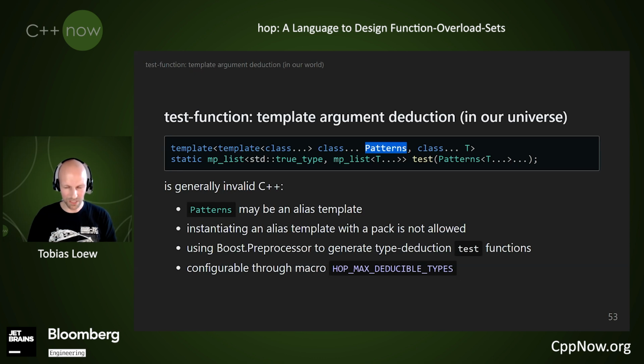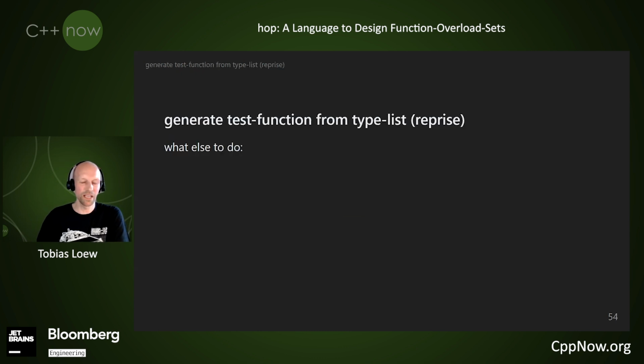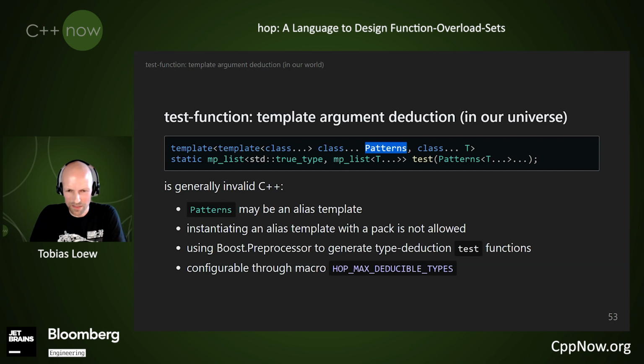That's only for global types. Oh no, it's for global and for local types. But the global and the local type deduction don't interfere with each other. And in the library, I think this macro is currently defined as 10, which should be enough.